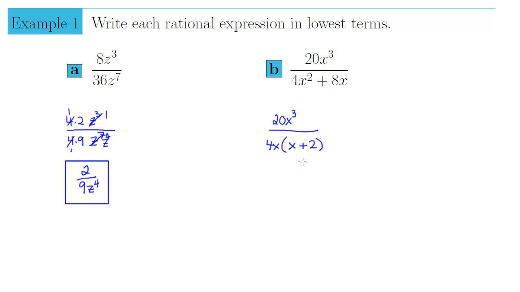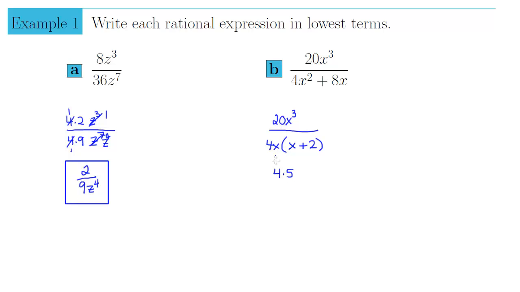Perfect. So now the denominator is factored, the numerator is already written as a product, and now we can go about simplifying or writing our expression in lowest terms. We look for a common factor from the numerator and the denominator. We start with the numbers or the coefficients first. Notice 20, we can go a little farther with that actually. 20 is actually 4 times 5.